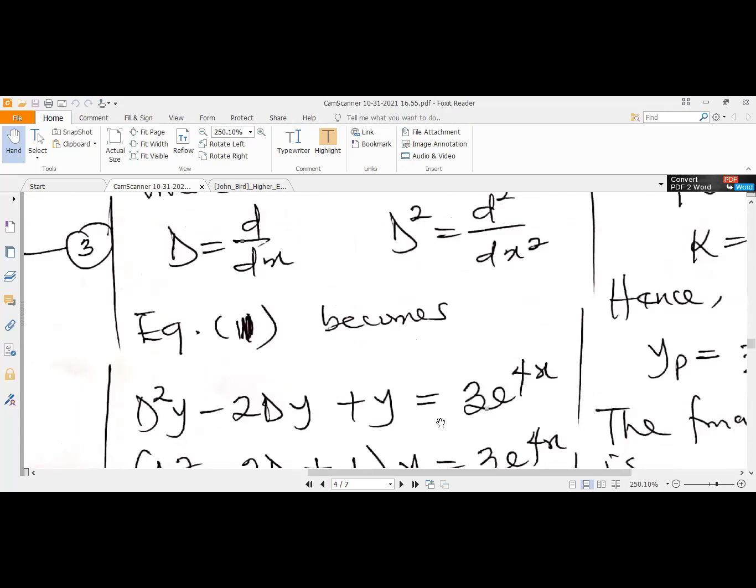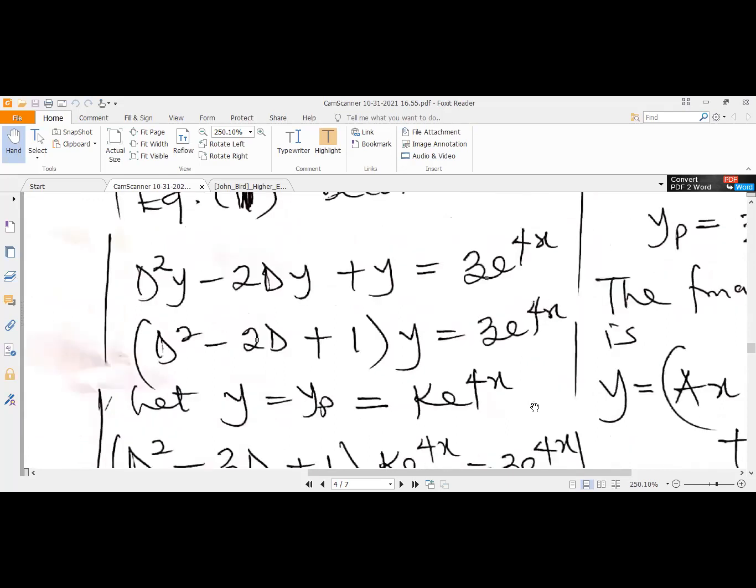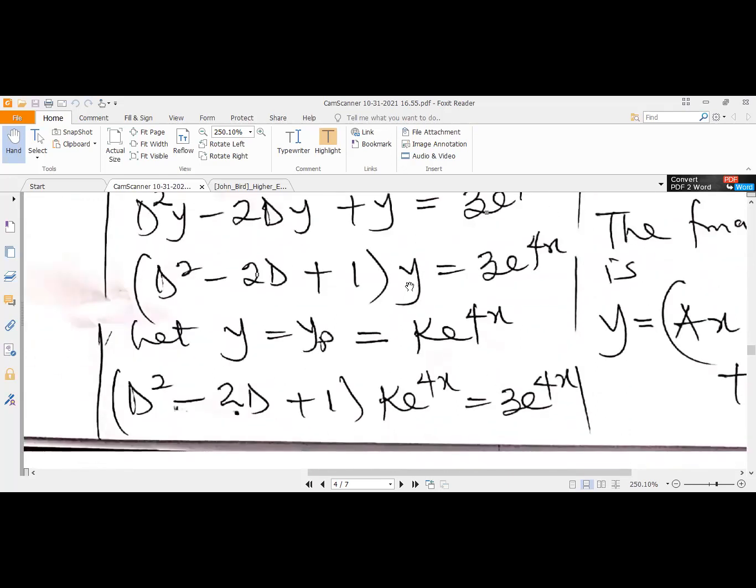So if I factorize y out of here, what I will have is (D squared minus 2D plus 1) in a bracket multiplying by y, which is 3 exponential 4x. The next step is that I will replace y with the assumed particular solution.